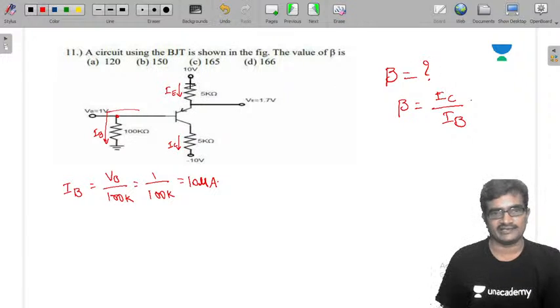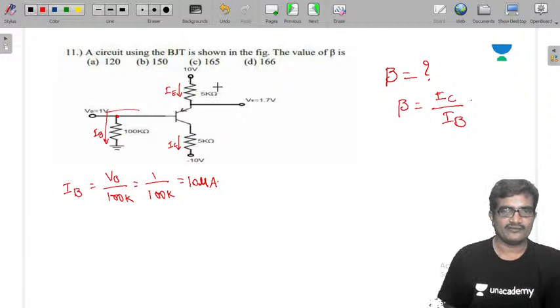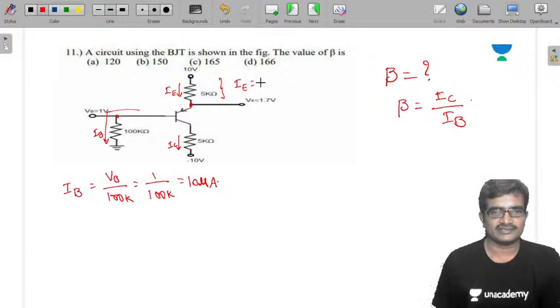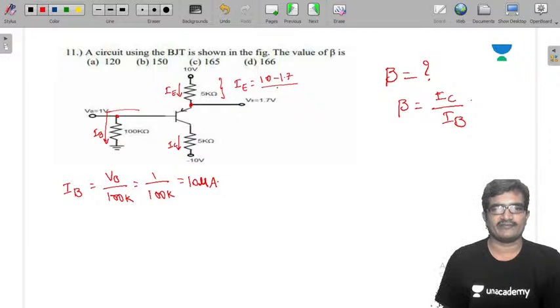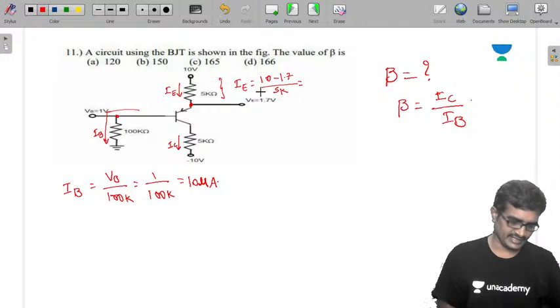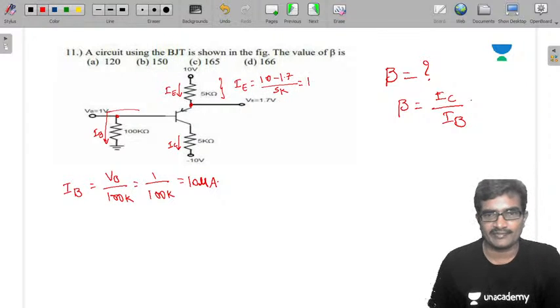From this you can write IE is 10 minus the voltage at this point, 1.7, by 5k. So 10 minus 1.7, that is 8.3, divided by 5, 1.66 milliamperes.